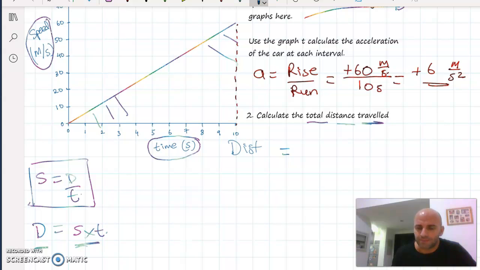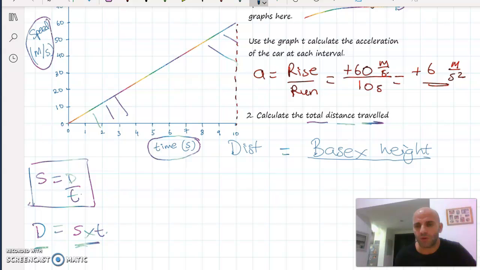So distance is going to be the area of the triangle. This is a triangle, and the area of a triangle is half the base times the height, so you divide it by 2.